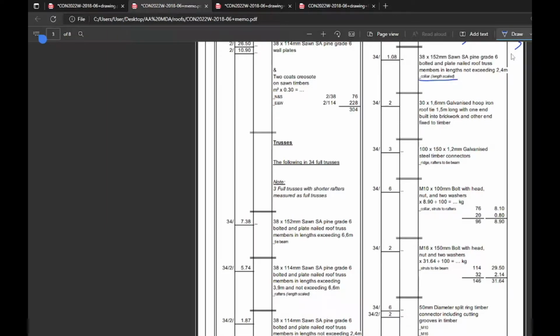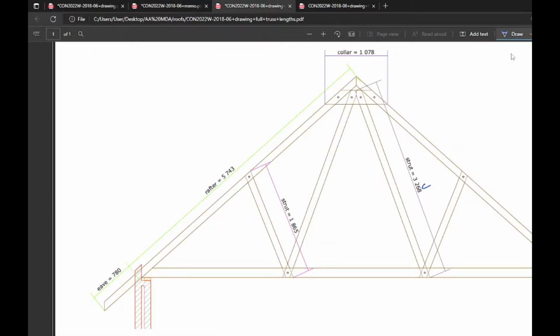Over to a collar, which is something new, and the same applies with the scaling. We've done the long strut and the short strut. Here's your collar. Now, the collar is not so obviously indicated because of the dotted lines and solid lines.